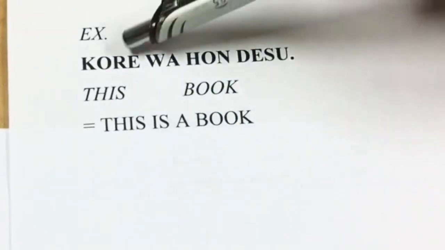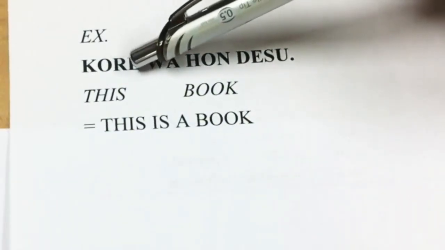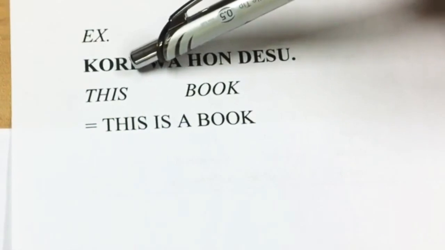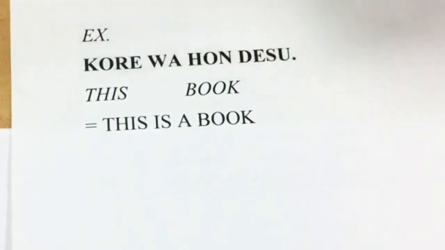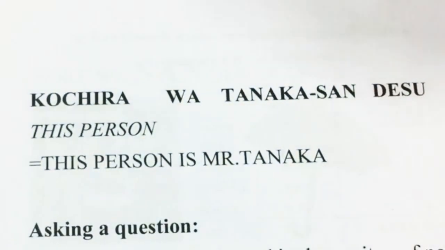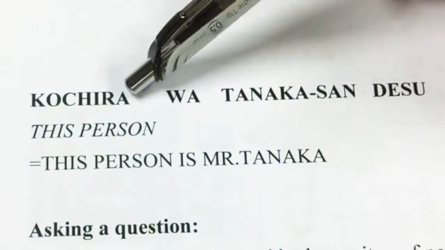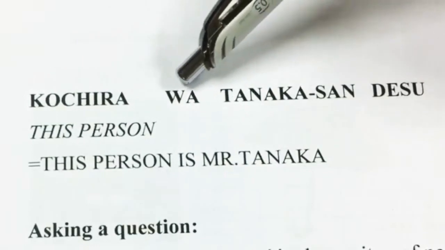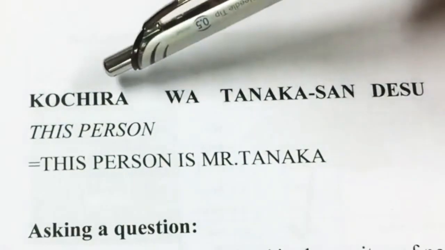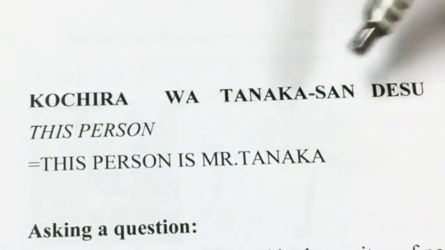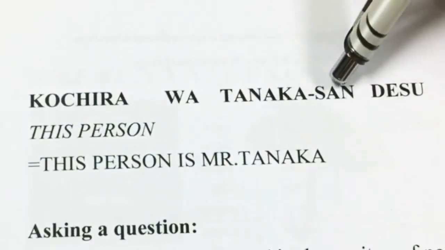If you want to use これ, you can use it with things. You cannot use it with a person. But if you want to use it with a person, you have to change これ to こちら. こちらは田中さんです。This person, or this, is Mr. Tanaka.